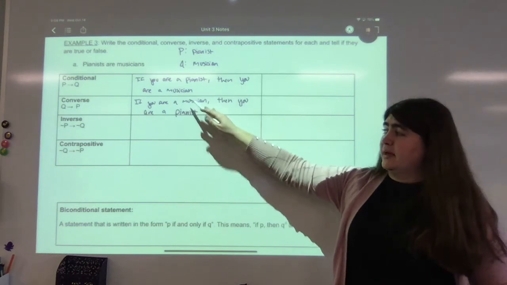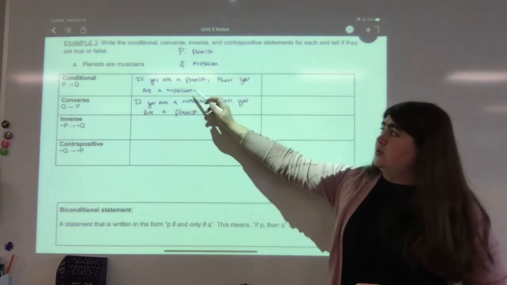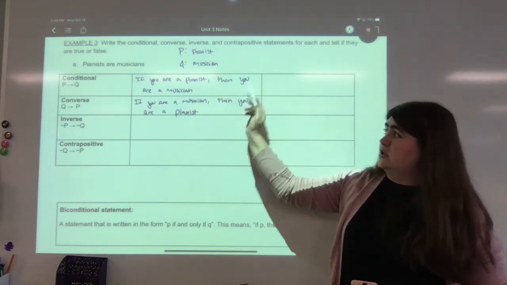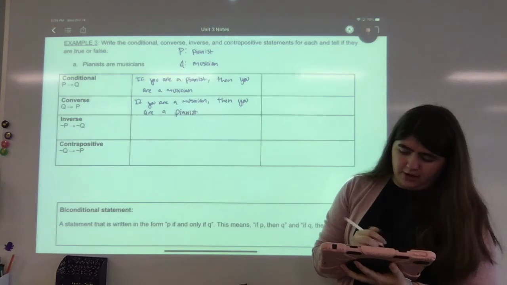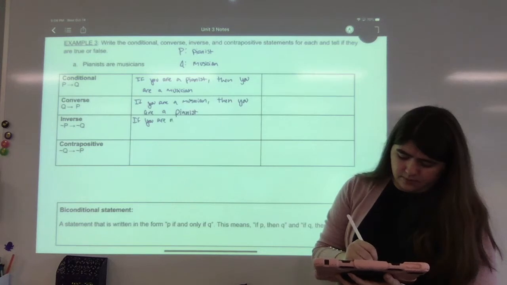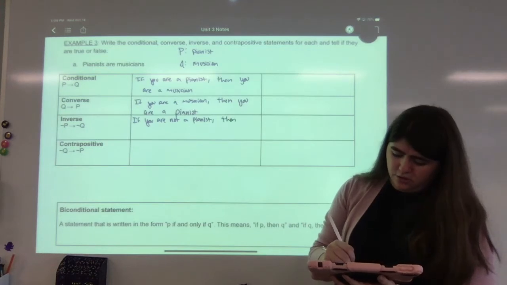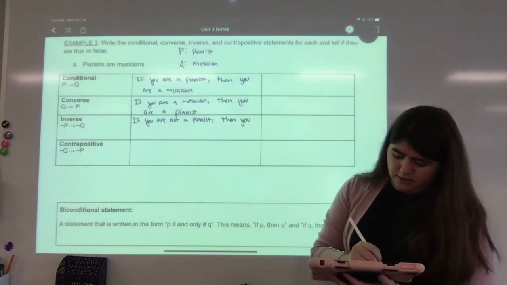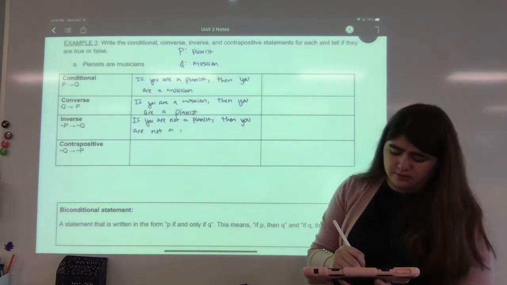All right, so now I have my inverse, which takes the conditional and negates it. So if you are not a pianist, then you are not a musician.